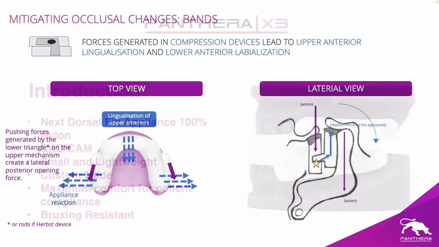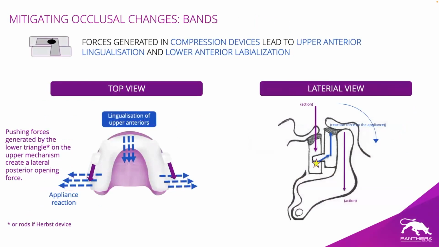And when we start talking about these push appliances, or what I will also consider dorsal interlocking appliances, we're not surprised by these force vectors. And I have appliances on my desk here. I hope you can see what we're looking at and why we could potentially still get an overjet change, a lingualization of the upper anteriors, and then a labialization of the mandibular anteriors.